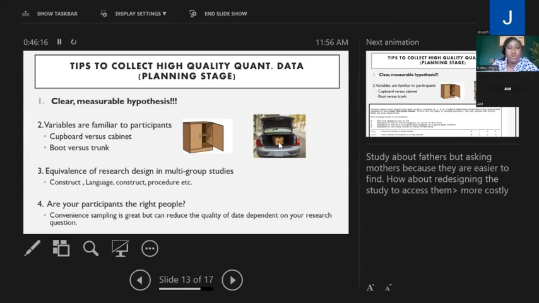At the end of the day, your interpretation is going to be based on your hypothesis. So the variables of interest must be clear, and you also want to be sure that your participants understand what it is you are saying. You want to help them with that.